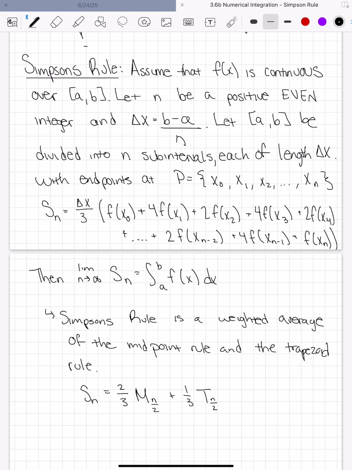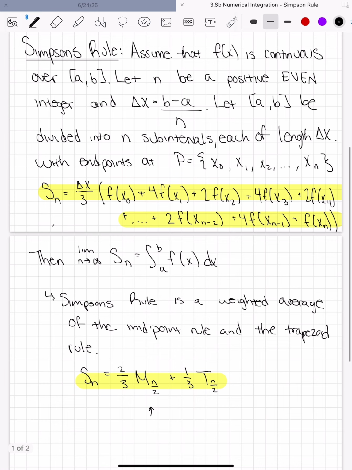So, right, these two formulas both work for Simpson's rule. Which one you use depends on the information you have at hand, right? So if you already calculated the midpoint and the trapezoid rule for n/2, then that's an easier formula. If not, just go with this one.